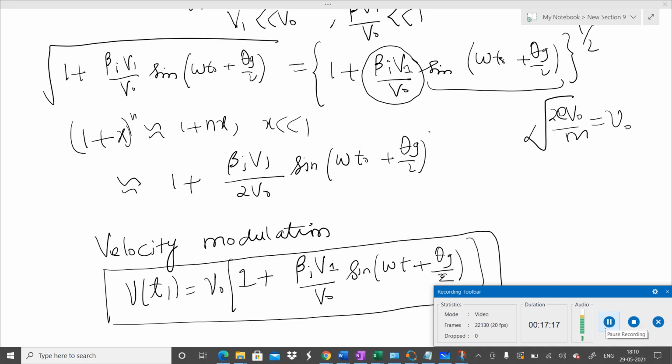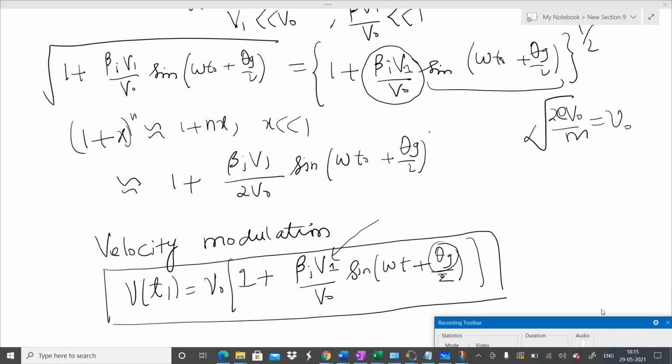We can easily see that v1 is the amplitude of the applied voltage, and theta g is the transit angle, which depends upon the transit time, and hence depends on the distance between the two grids of the puncture cavity, and your velocity gets modulated with that.